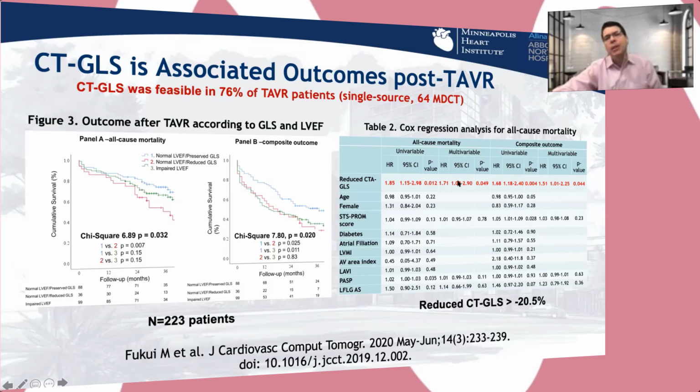And this was seen not only in univariate, but multivariate analysis. And you can see this nice representation, the value of measuring strain by CT, particularly if the ejection fraction is preserved.